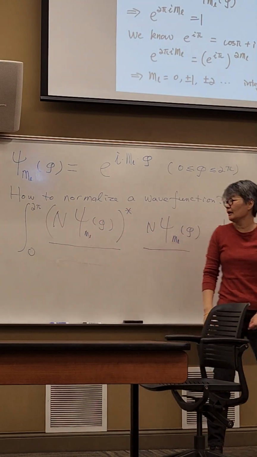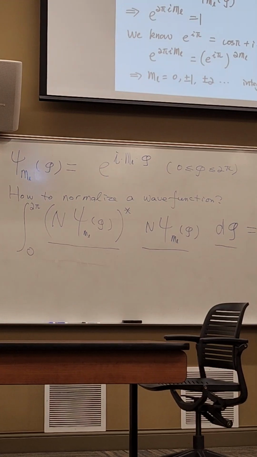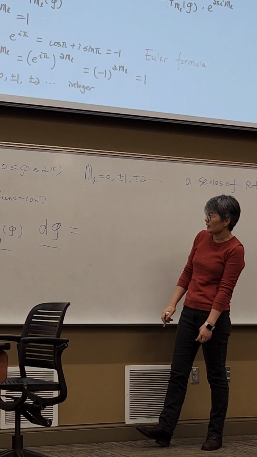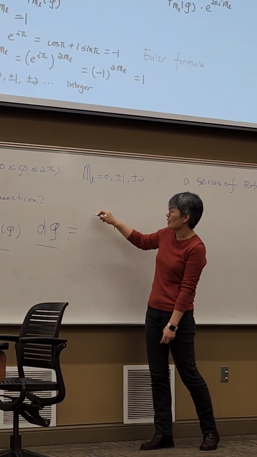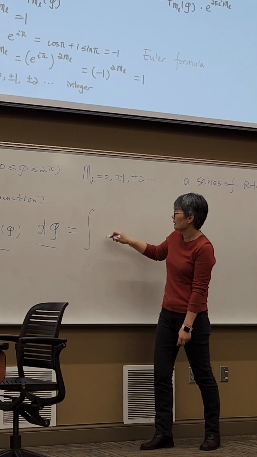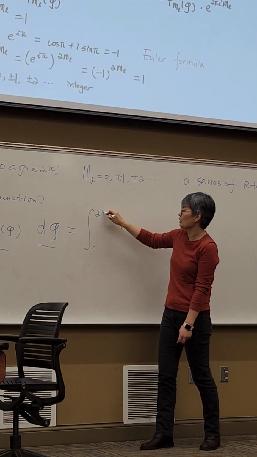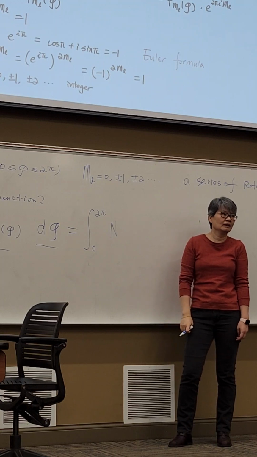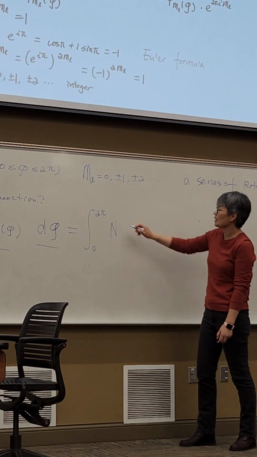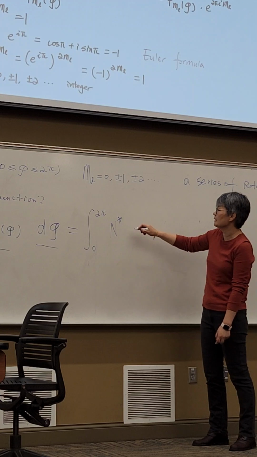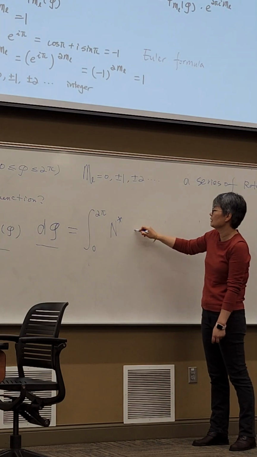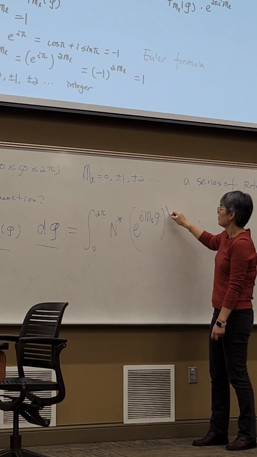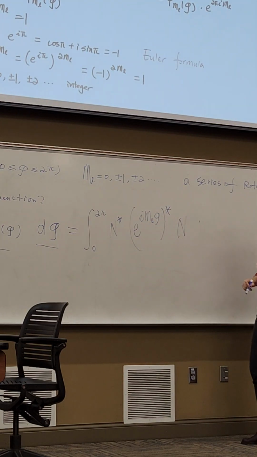All right, now let's give it a shot. In that case, what we have here is 0 to 2 pi, and then you have your wave function. The n is a real constant, and then you'll have a complex conjugate of the wave function, in non-normalized form, and then you multiply the constant itself.